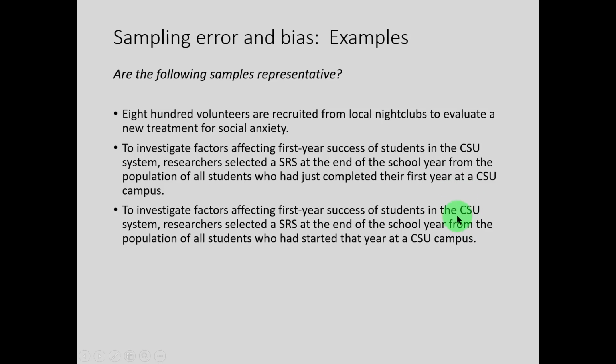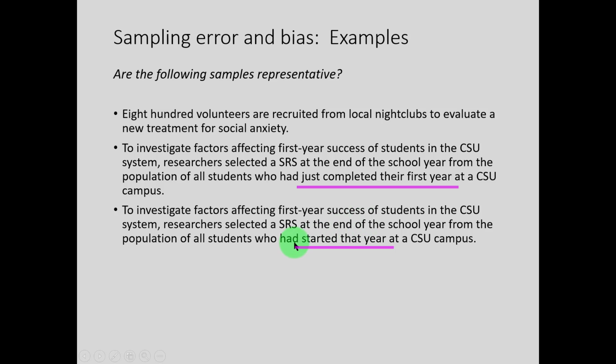So the difference between these two scenarios is that this top scenario is from the population of students who completed the first year, and this one is from the population of all students who had started that year at a CSU. So one of these is going to result in a more representative sample than the other. Can you think about which one of these scenarios is going to result in a sample that may not include the desired population?